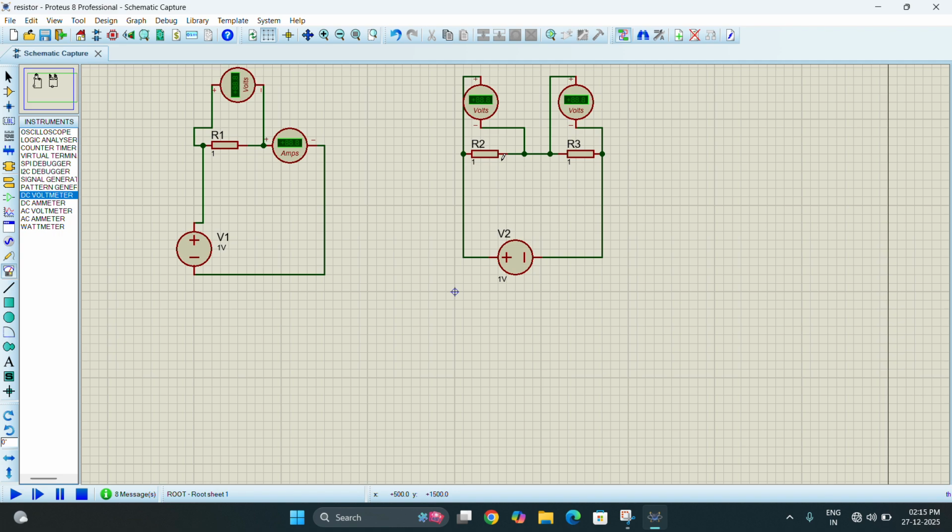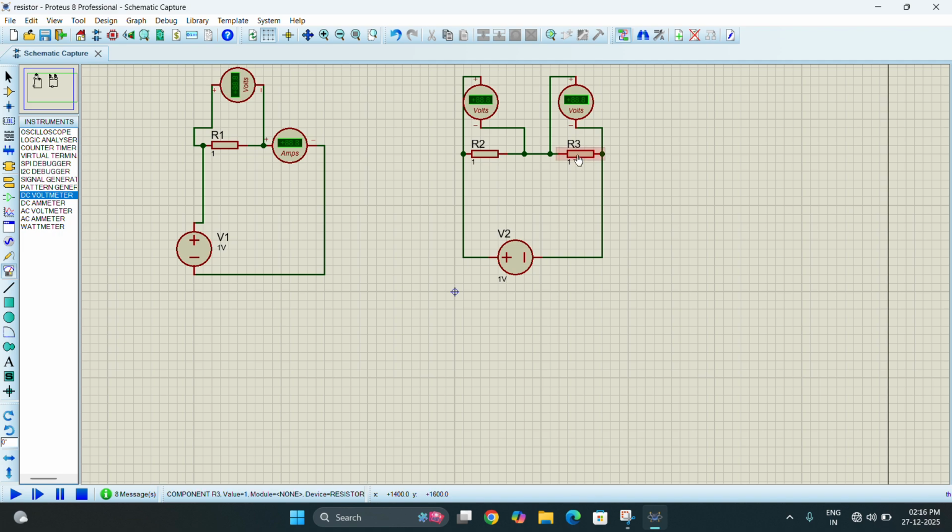So this is the formula you have to always use when there is a series connection and you want to find the voltage across one of the resistors. Then if you want to find R3, it is the same formula: VR3 is equal to the same voltage V2 into resistance R3 divided by R2 plus R3. So this is the voltage divider rule. You can find it very easily.